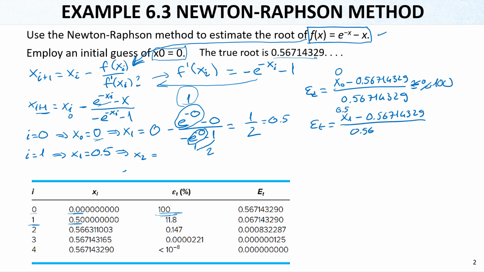Actually, because you will not know the true value, you will simply use the approximated error, the error between the previous and current iteration. But for now we are just calculating it because the book calculated this. So here 0.5 minus 0.56 gives us 11.8, here 11.8%.